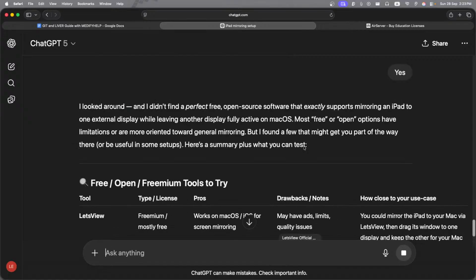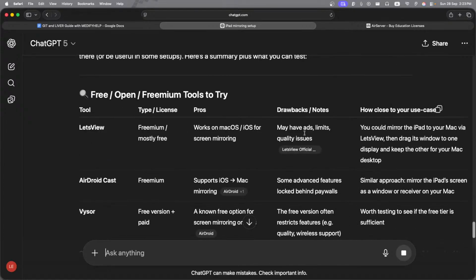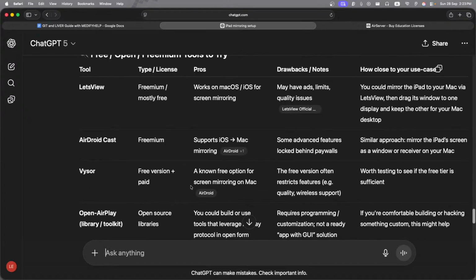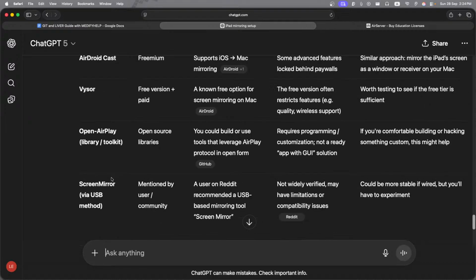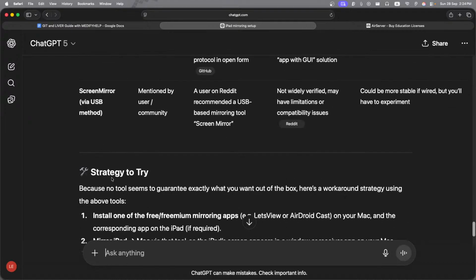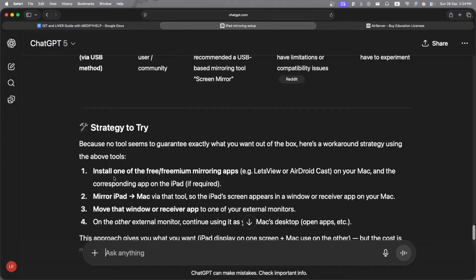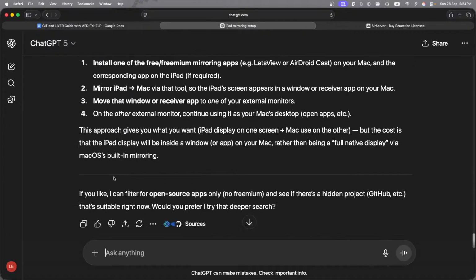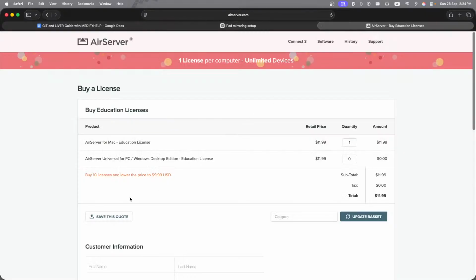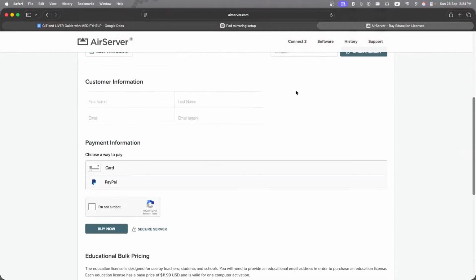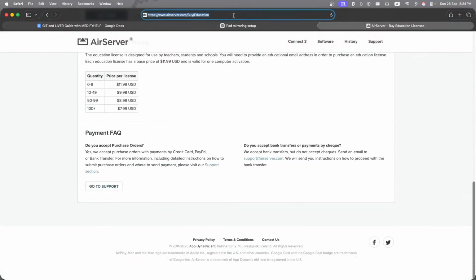Yeah, that sucks. So AirServer is not like a bad purchase. So how does AirServer work?